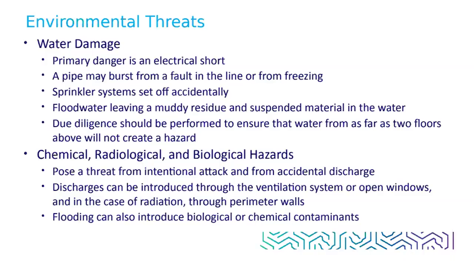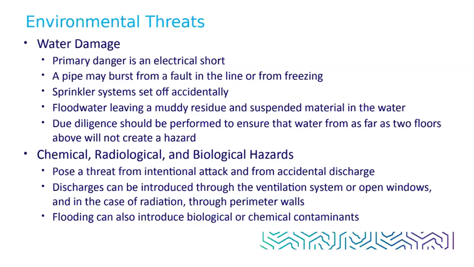And another category we have is chemical, radiological, and biological hazards, and these hazards may affect both the computing equipment and personnel. Hazardous material may enter the facilities because of deliberate attacks, industrial accidents, equipment failures. See, the thing is that hazardous substances may enter the building through air conditioning systems, ventilation systems, open windows, likewise.